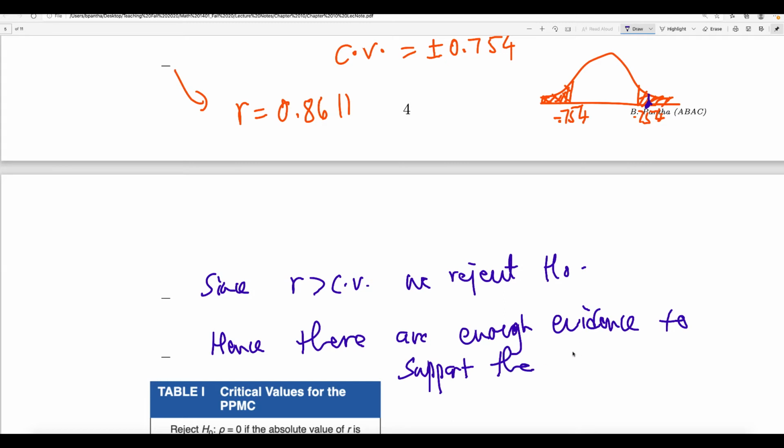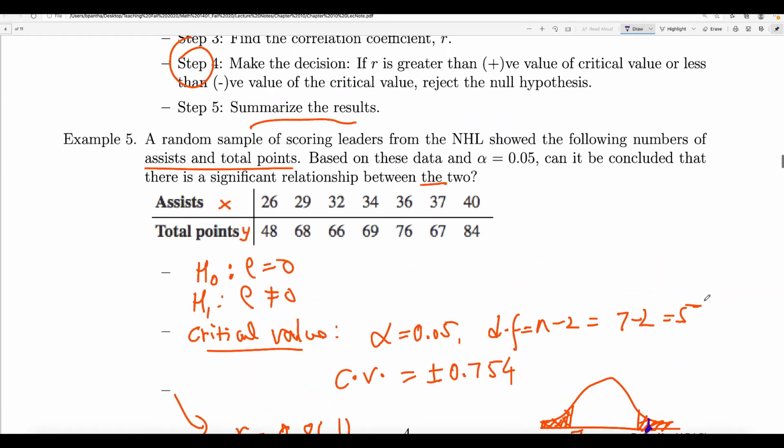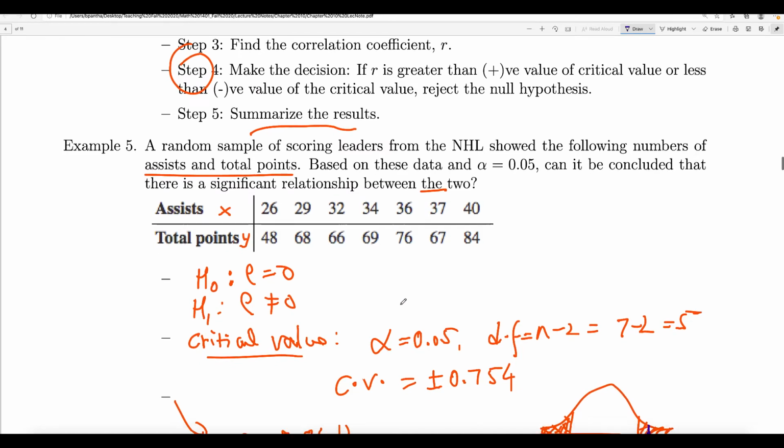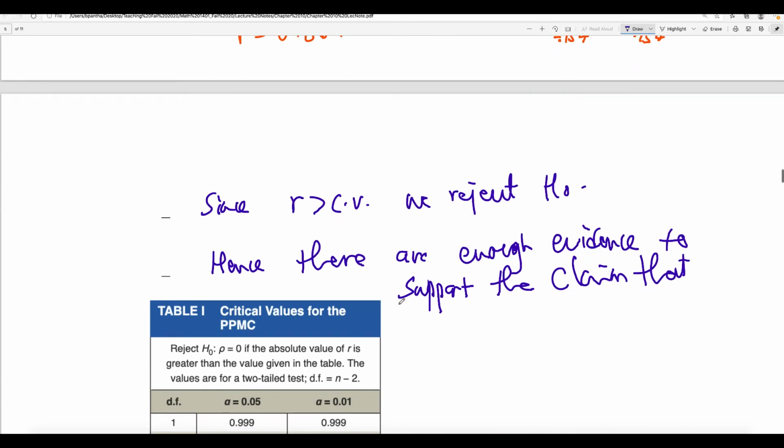If it was stated that the null hypothesis is the claim, then H0 will be the claim. Otherwise, H1 will be the claim. Here it doesn't say anything, that means H1 is the claim.